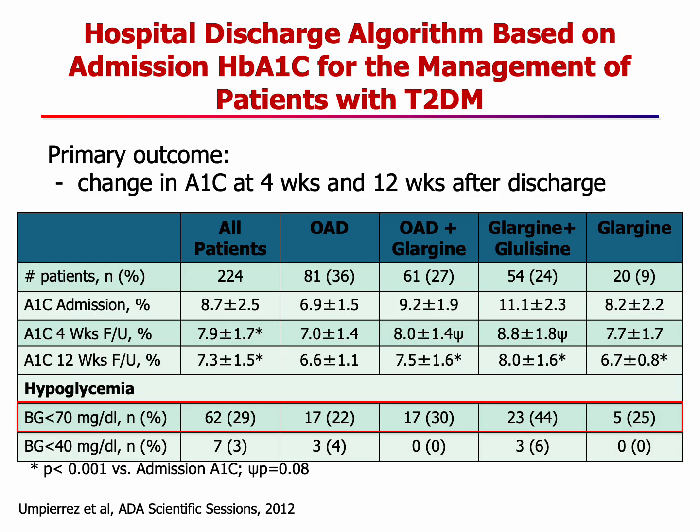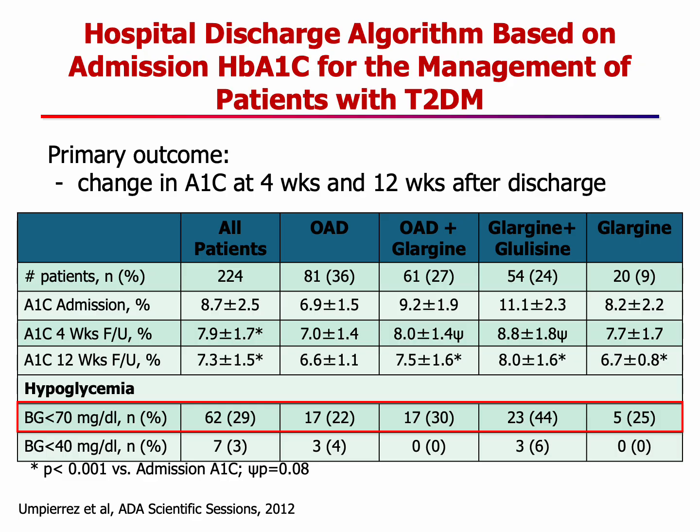When you look at the data, A1C on admission was 8.67 ± 2.5%, and it decreased to 7.86 ± 1.7% at 4 weeks, and at 12 weeks, it was 7.26 ± 1.48% of follow-up. All of them are statistically significant.